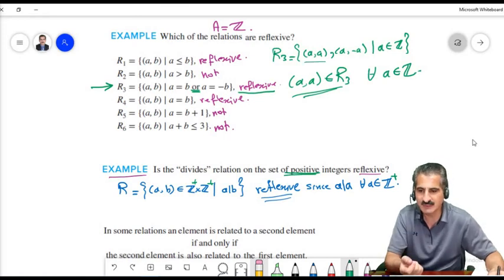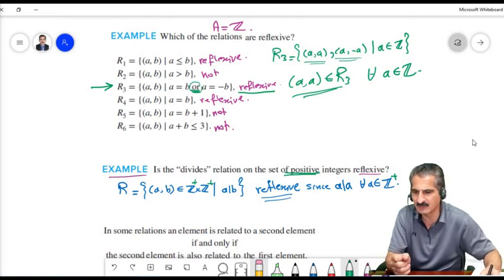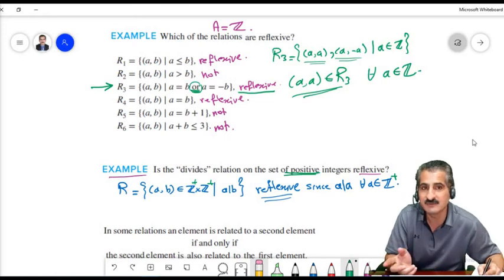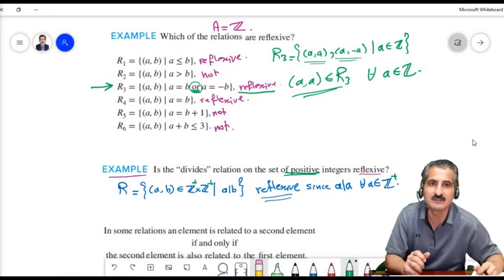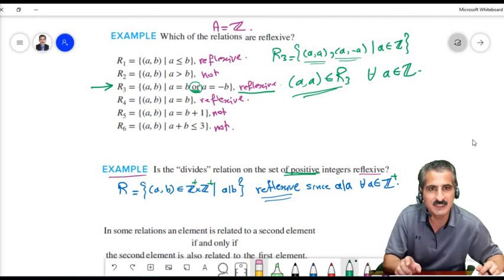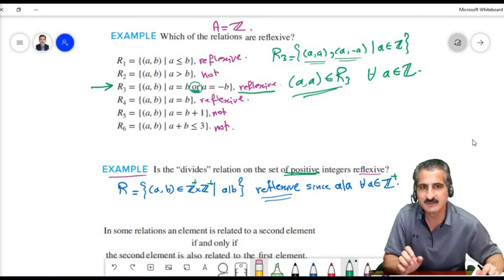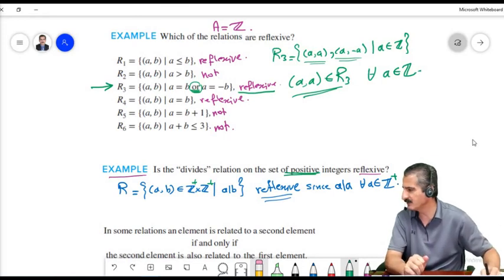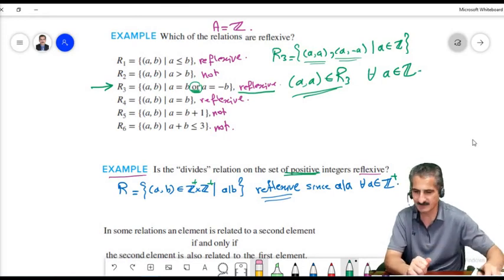A is related to B if a equals b, or a equals negative b. In either case, a will be related to b. So a will be related to itself because it equals itself. So R3 will be reflexive.